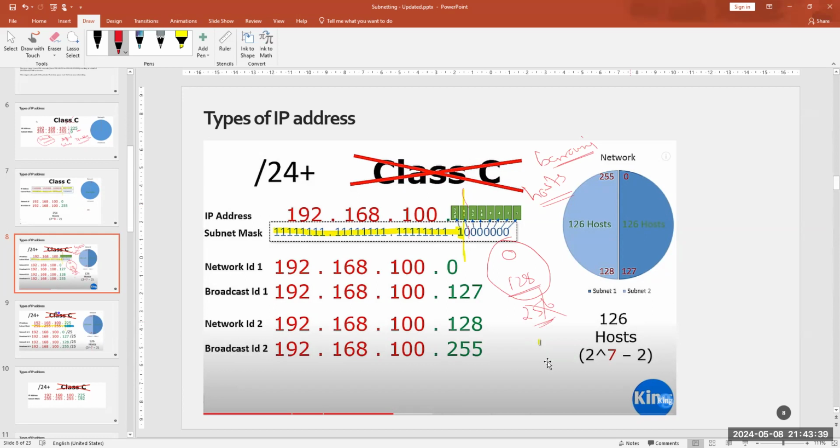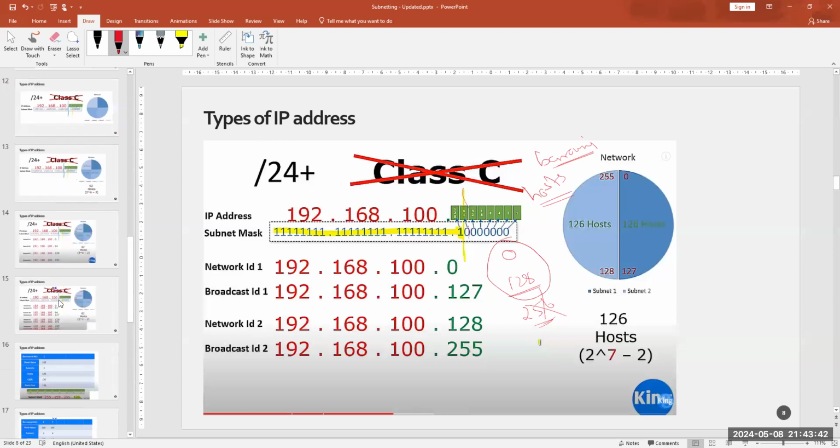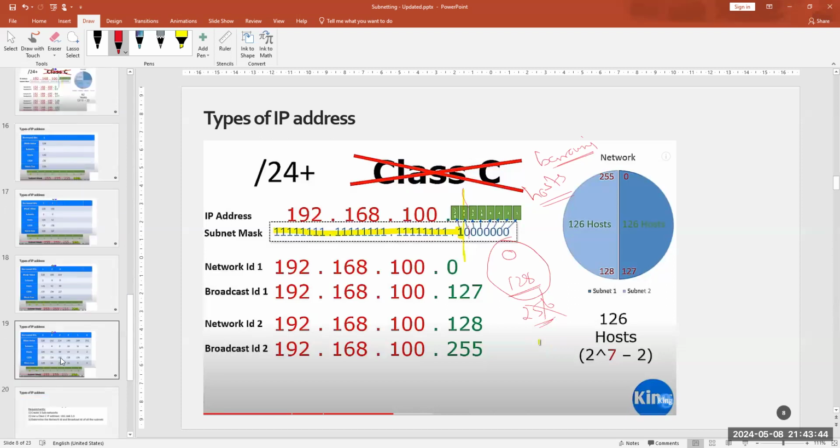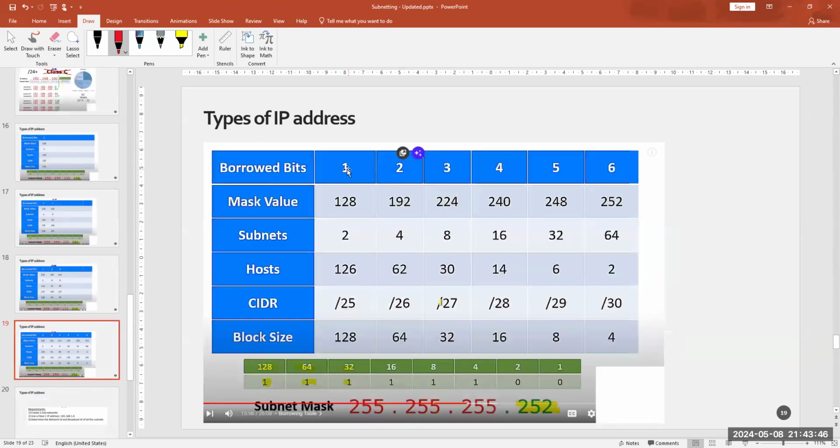How? I will show you the table over here. See, if I am borrowing 1 bit, it is 128. Why 128? 128 is the block size which we have already seen earlier, right? And if I am borrowing 2 bits, 128 plus 64, that is 192, right? So if it is 192, how many subnets can I create? 4.